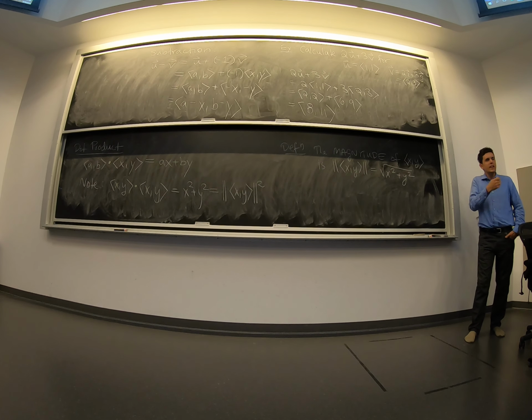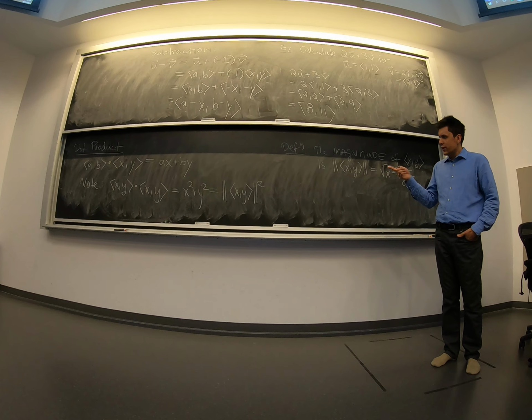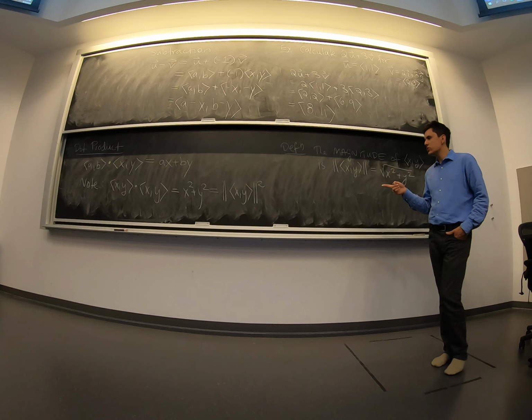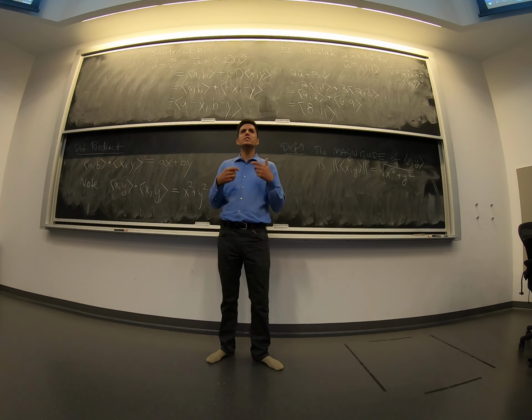Magnitude is a fancy way of saying length. Now this gives us an insight into what the dot product is measuring. It's measuring something like length.